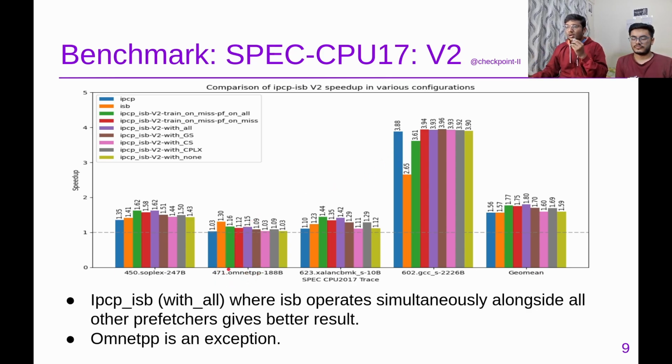In Omnet++ we can see that ISB single-handedly gave better performance than our combined one. So this was our area of further discussion: how to handle both these cases so that we can get the best in both of these traces.